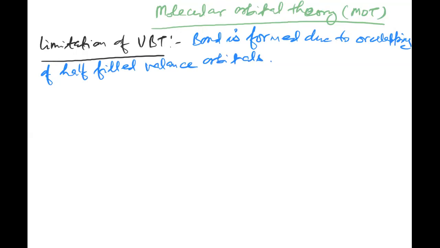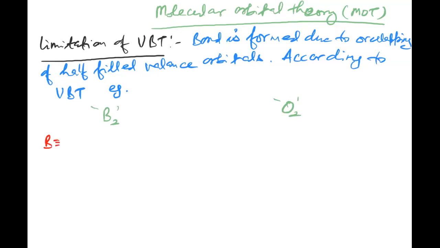According to VBT, for example, take the molecules B2 and O2, boron and oxygen molecules. Boron's electronic configuration is 1s2, 2s2 and 2p1. Oxygen's is 1s2, 2s2 and 2p4.